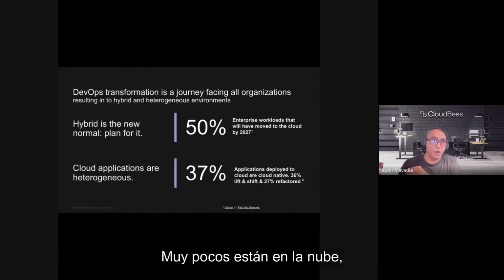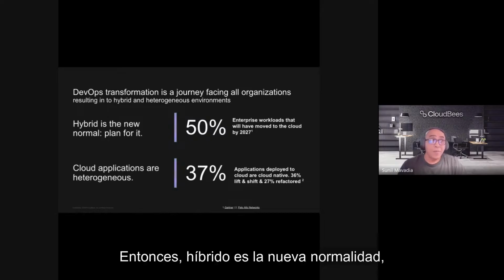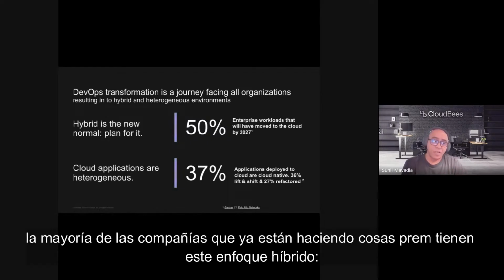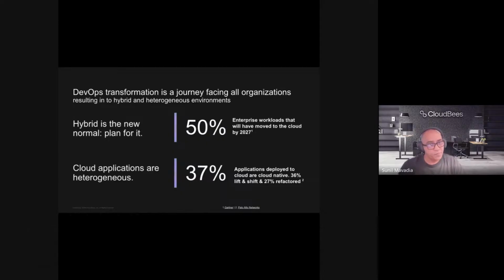Very few are on the cloud. Most are in the hybrid and on-prem arena. So hybrid is the new normal, actually, because if you think about it, most companies that are already doing on-prem stuff have this hybrid approach of taking their applications and moving them to half in cloud and half on-prem.